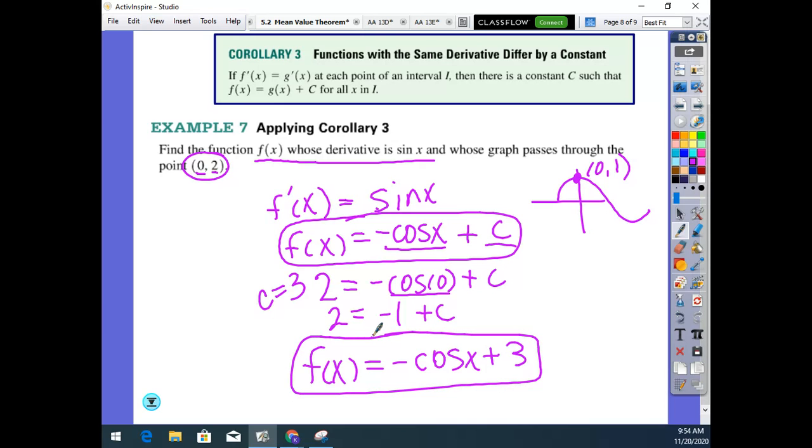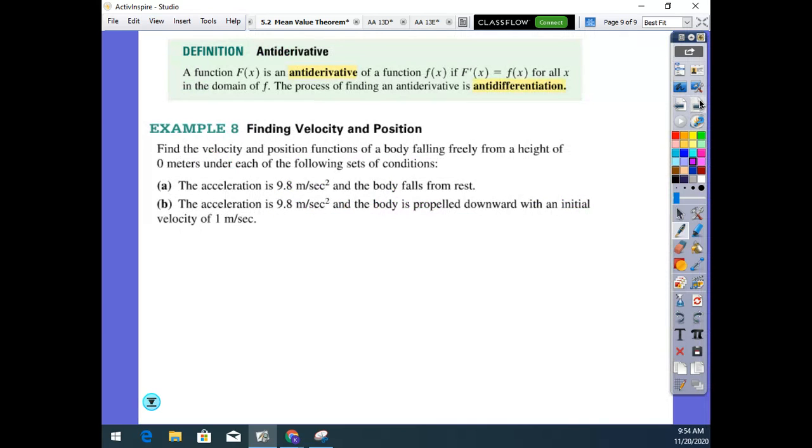Final answer. All right. That's what we call an antiderivative. And that's really preparing us for the inverse of derivatives, which are integrals. So it's kind of already getting us started.